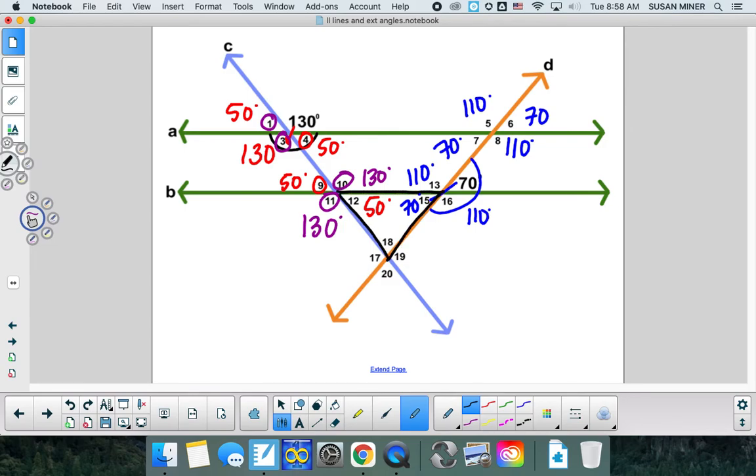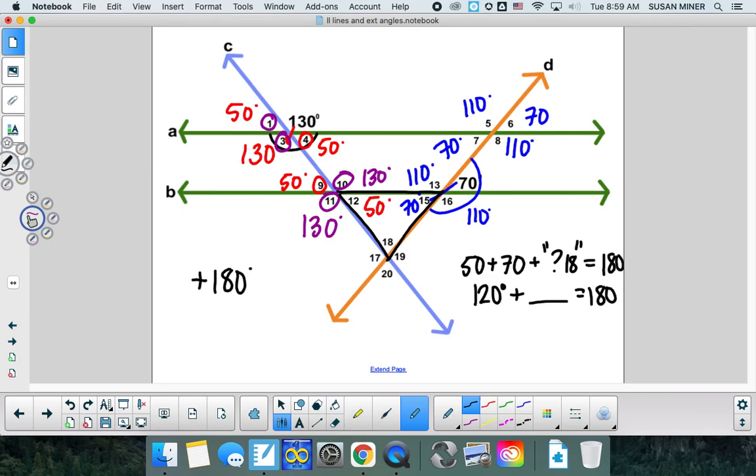And if we talked about at the beginning of class, hey, triangles also, their angles have to add up to 180 degrees. So if I have a triangle, then 50 plus 70 plus, we're going to say question mark number 18, right? Because we don't know what that is. That has to equal 180. 50 plus 70 is 120 degrees, plus whatever angle number 18 is.